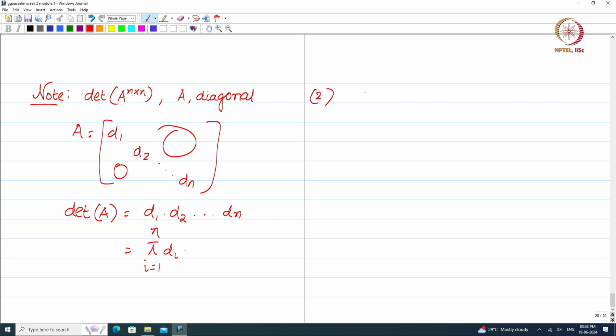If U is an upper triangular matrix, then determinant of U is equal to product of diagonal elements.